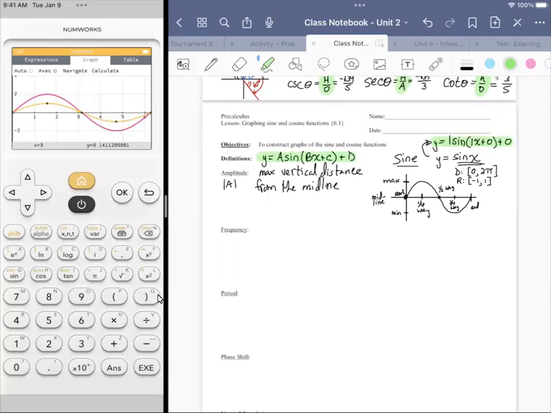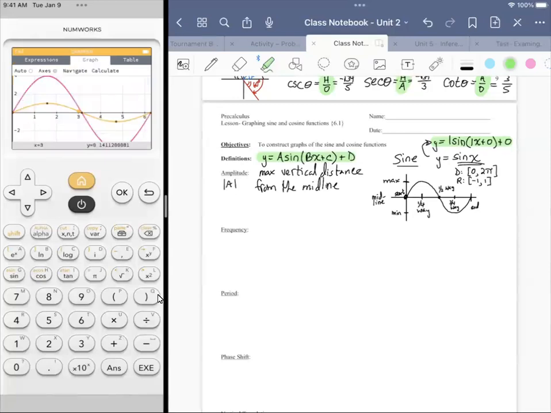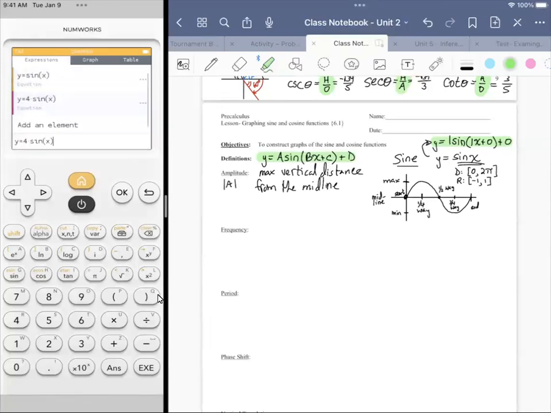All right, and I could verify this. Go back to the expressions and change it to make it a 4. Go back to the graph. It's going 4 units away from that midline, the horizontal axis. All right. If I make it negative, so I'll just tuck a little negative sign in front here.